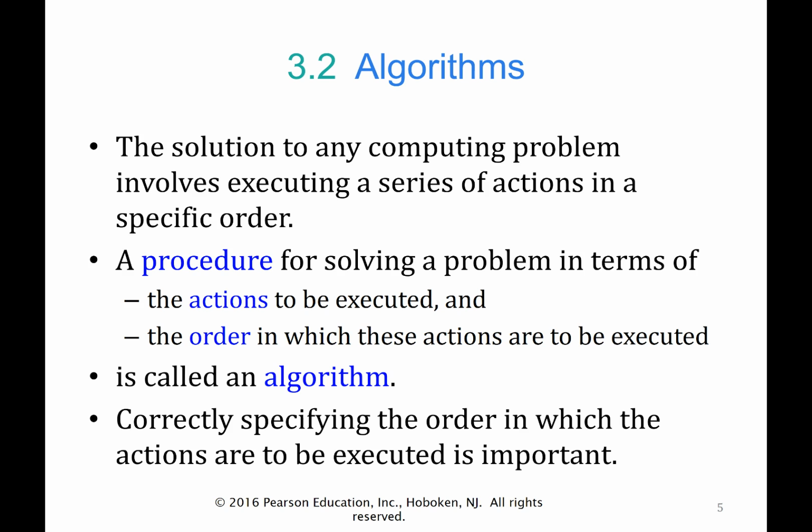So, an algorithm, again, I talked about this, is the fancy word for the recipe, a procedure for solving this. An algorithm is basically the list of steps in which we do something.